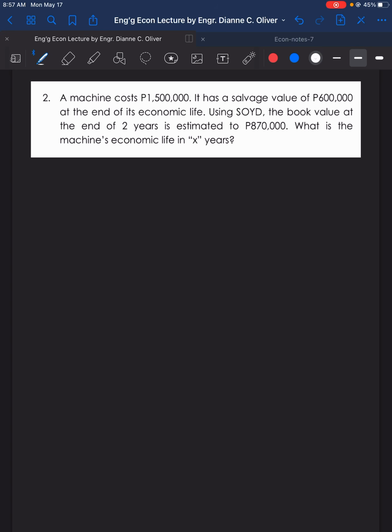Okay, so this is a bit tricky, but let's see what we can do here. The first cost of the machine is 1.5 million pesos. Salvage value is 600,000 pesos. The book value at the end of the 2 years is 870,000 pesos. Now it's looking for N as the X years.